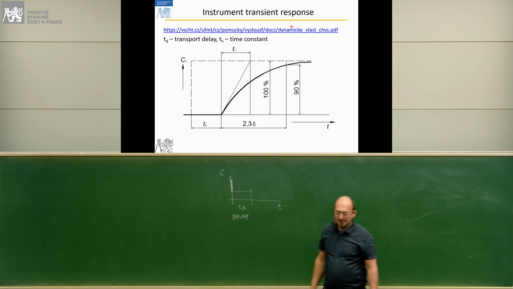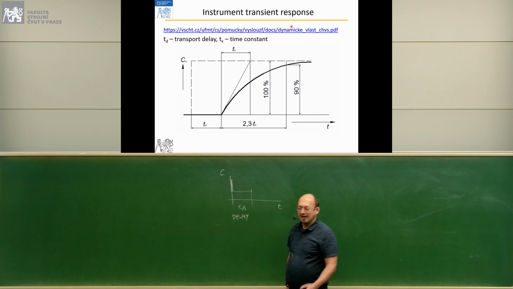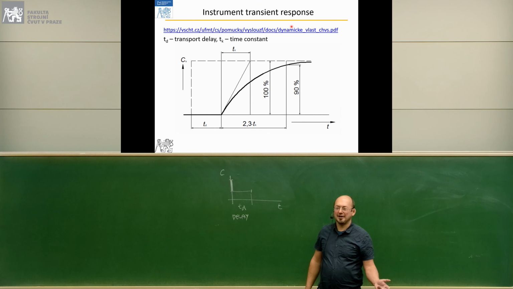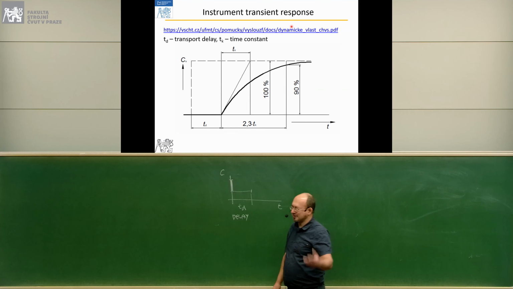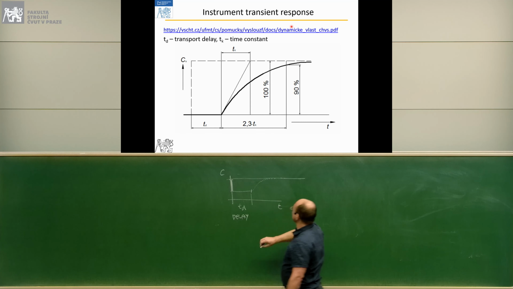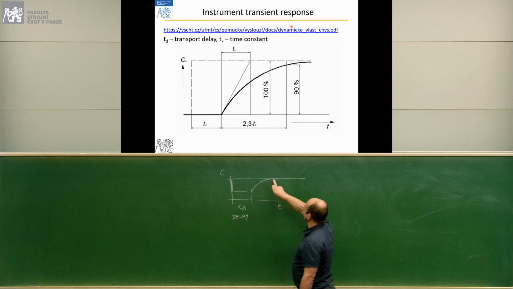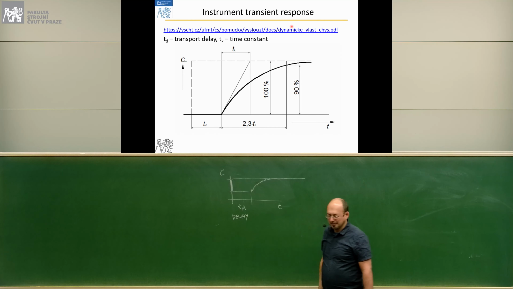That's called the transport delay. It could be the time the sample is traveling to the instrument, or the time the electronics take to react. Then you start seeing some change, and typically the response is similar to Newton's cooling law, which means this is an exponential curve which asymptotically approaches the actual concentration.